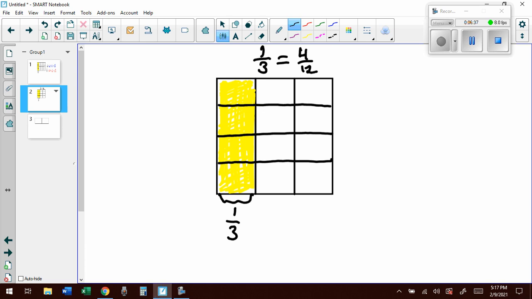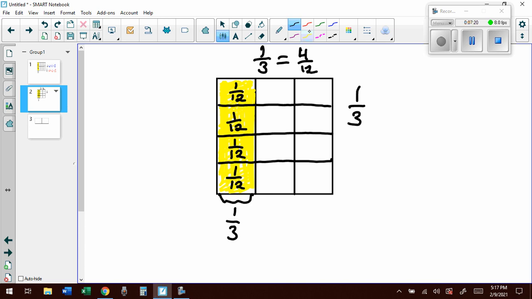Did my number of partition squares change? Yes. Did the area that I shaded, did that ever change? No. So now instead of a unit fraction of 1/3, we have 1/12, 1/12, 1/12, and 1/12. So I can say that 1/3, we're going to look at decomposed as a sum of unit fractions.